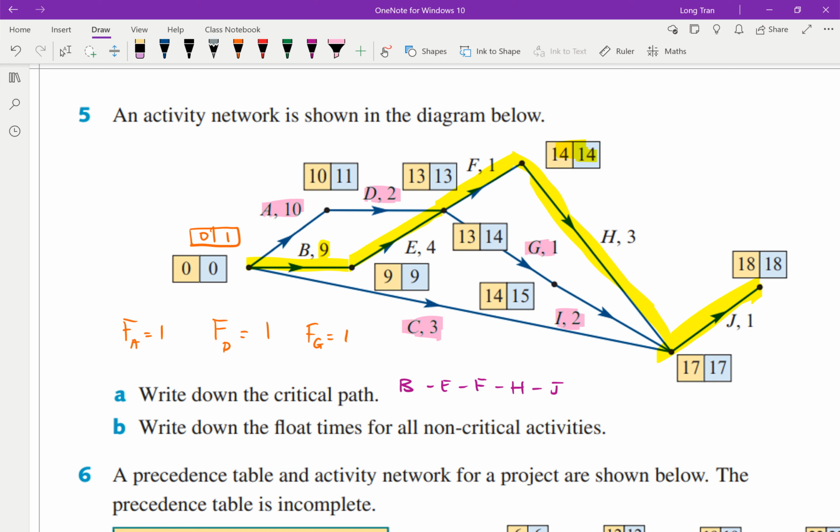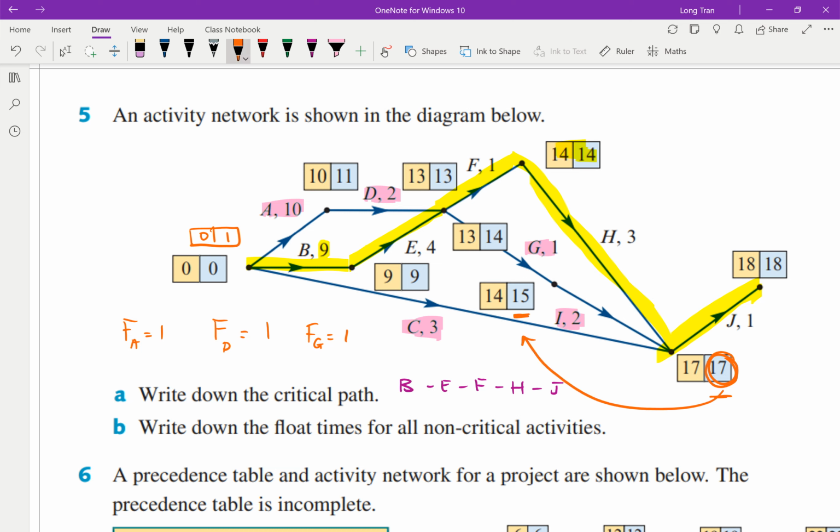We've got I. So I, on the other hand, again, 14 and 15. So there's a float time of 1 as well. And if you're ever getting confused by this, another way of thinking about it is that the latest finish time is 17. So whatever I does, it has to finish at 17. That's the latest time, right? So 17, if you minus the 2, which is the duration, that tells me that it's 15.